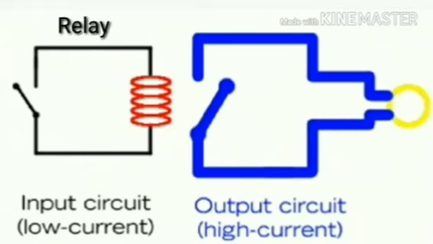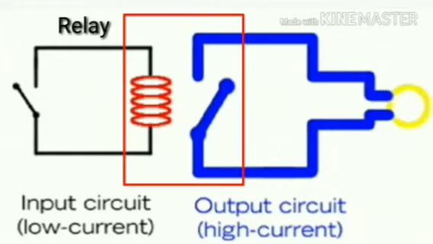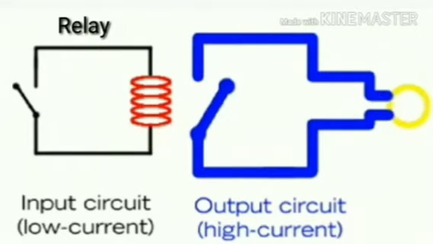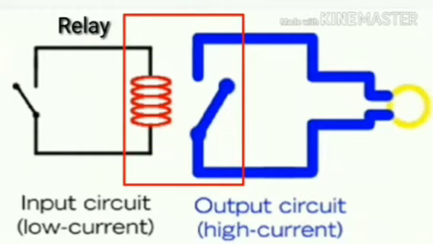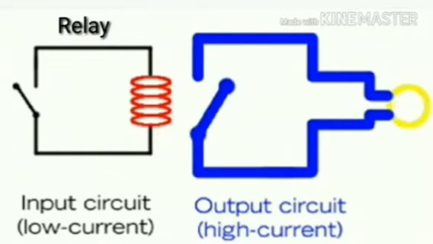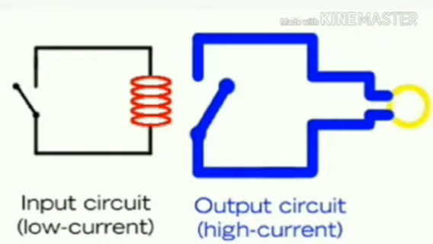Here you can see the relay switches and the input and output circuit and how the switches are there. You can see from this diagram. So just understand the use only. The mechanism is not there for you. Just understand the use: relay switch.